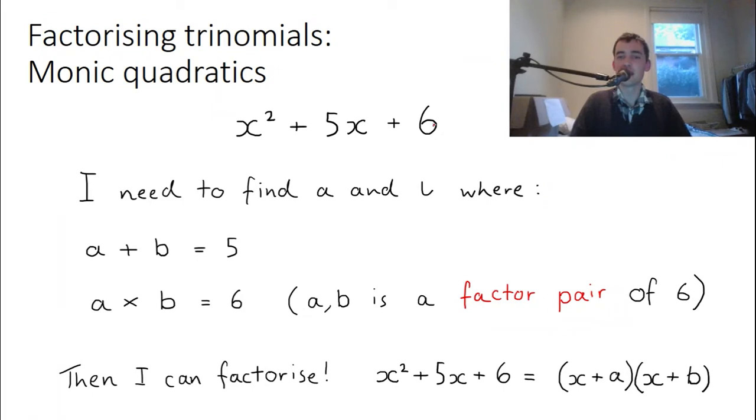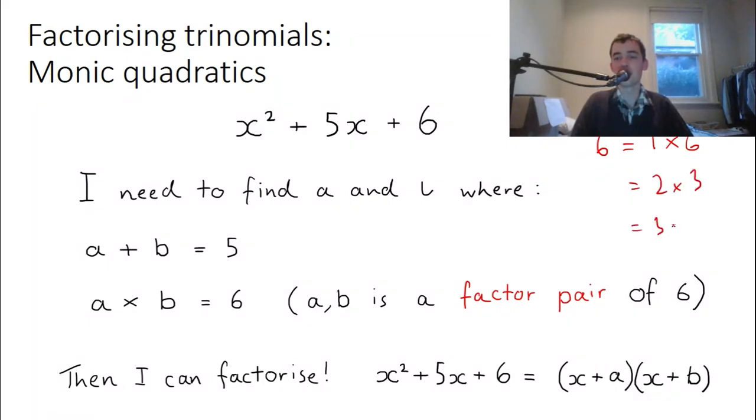So what are some factor pairs of 6? I think that would be a good place to start, and we'll see if one of them adds up to 5. We can do this factor pair list, which we did last time. 6 is 1 times 6, or 2 times 3.